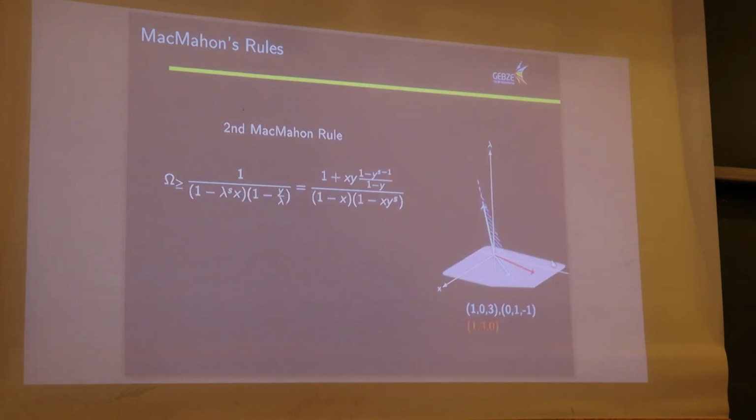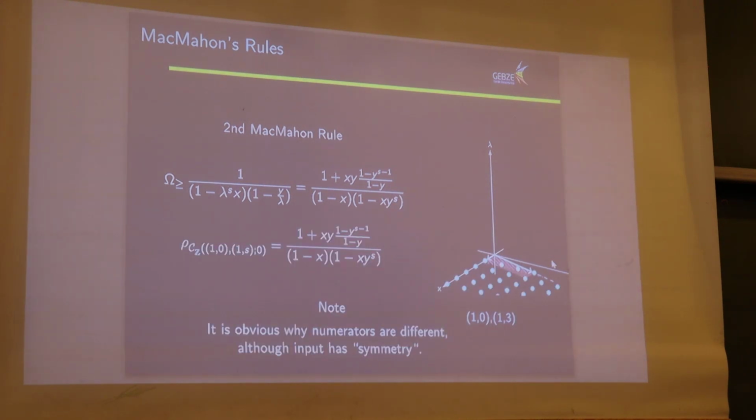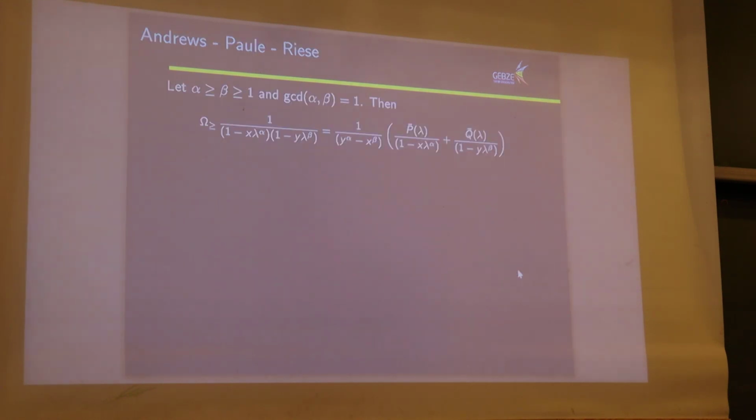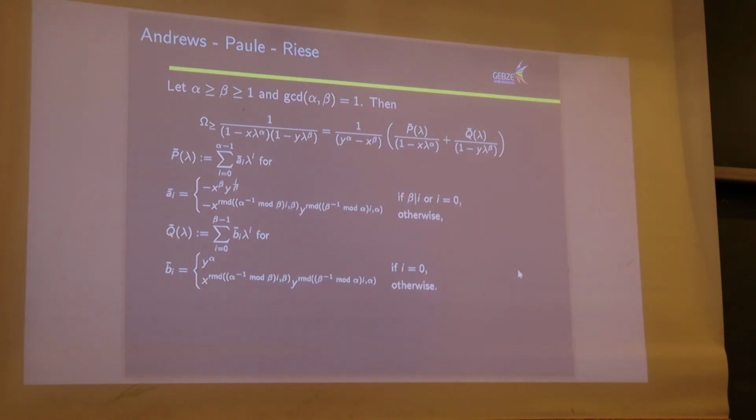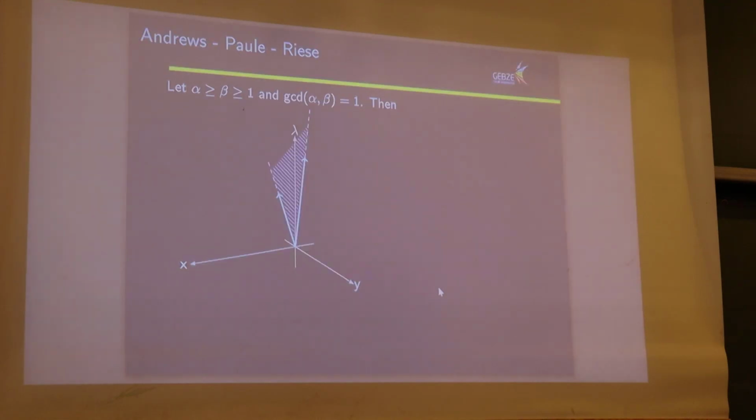So here's again the intersection, the projection, and the lattice points in the fundamental parallelepiped. You see this segment that was giving us this finite geometric series. This is the second polynomial I didn't dare to write on the board about the Andrews-Paule-Riese decomposition.